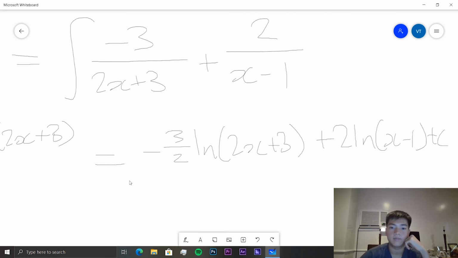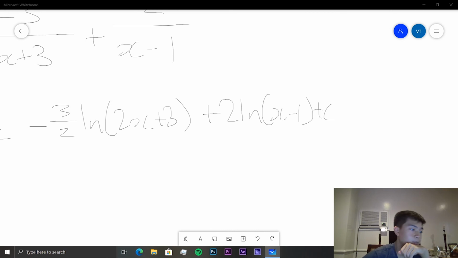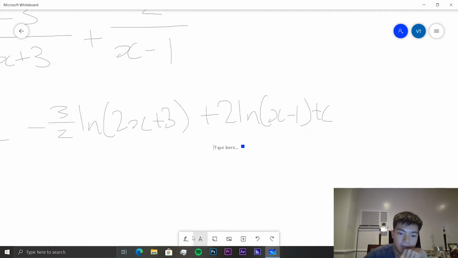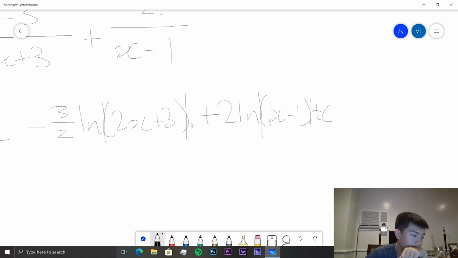So yeah, partial fractions, integration. Partial fractions is very important for integrating stuff. Ln, usually absolute value.